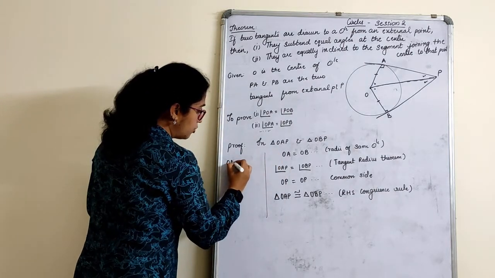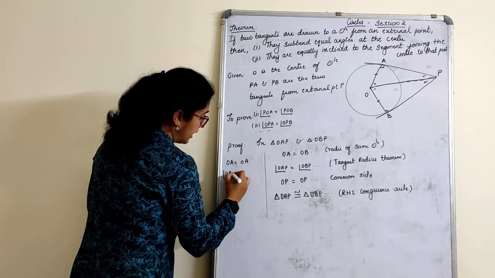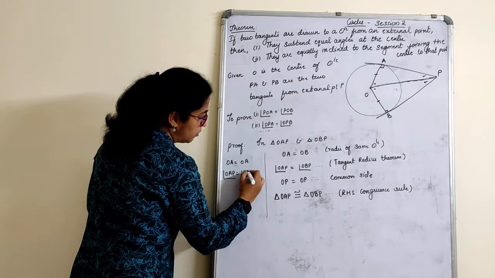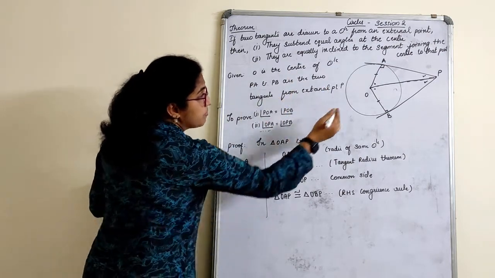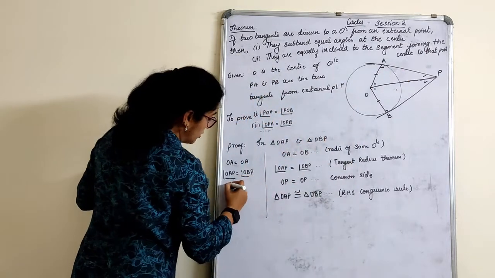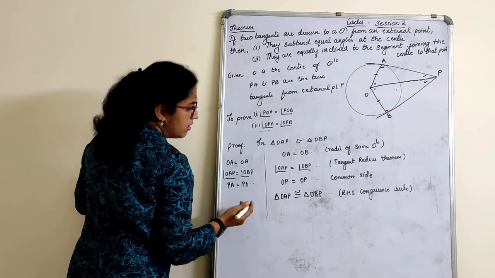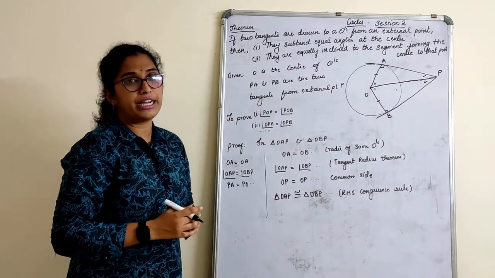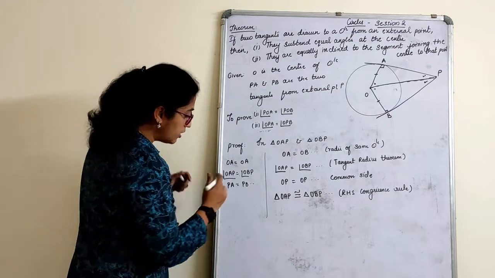OA is equal to OB, same reason. Then angle OAP is equal to angle OBP, the same reason. Then this angle. I can also tell now PA is equal to PB. Reason? Tangents drawn from an external point are equal. I can use that here, right? Which congruency rule?